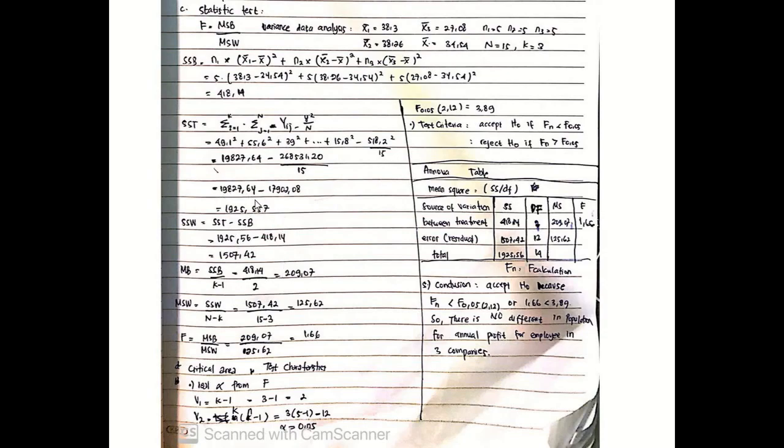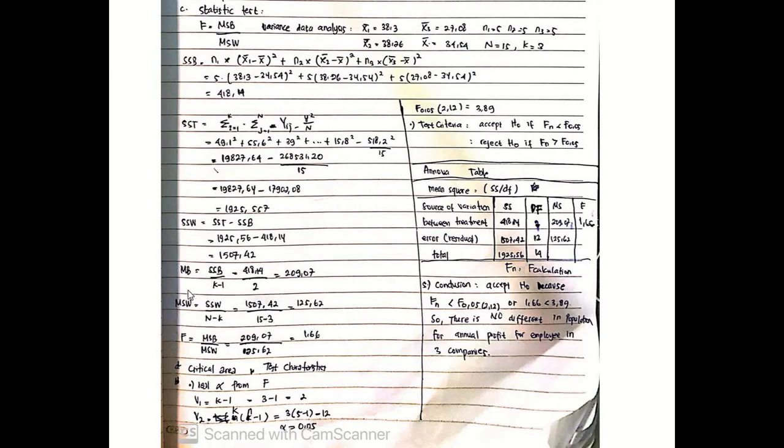SST is 1925.56 minus 418.14, and we get the result 1507.42.